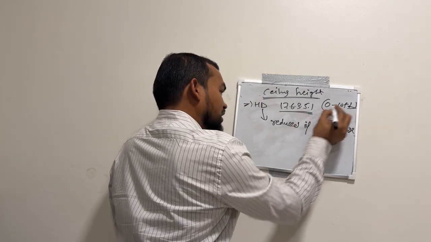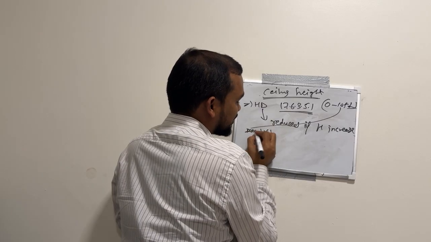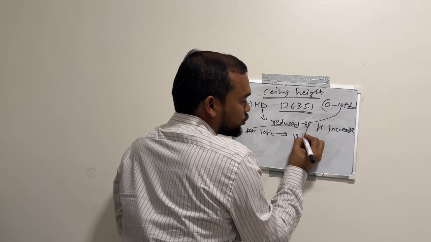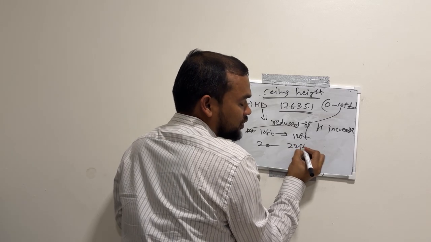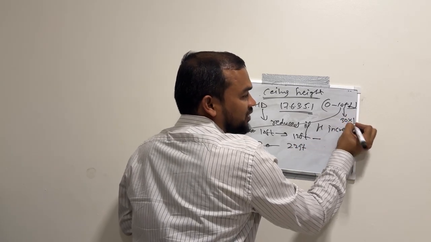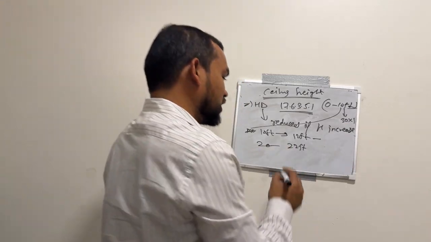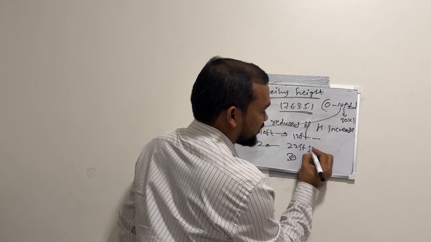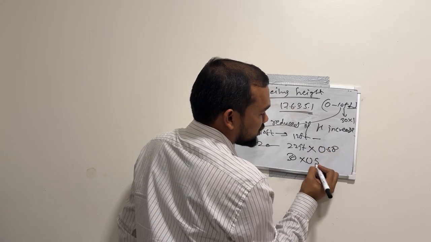So for example, for more than 10 feet, for example 10 feet to 12 feet, 20 feet to 22 feet, what will we do? The normal case is here, the normal spacing is 30 multiplied by factor 1. In this case, the normal spacing is 30 feet and the factor here is 0.58. So we will continue with this 0.58.